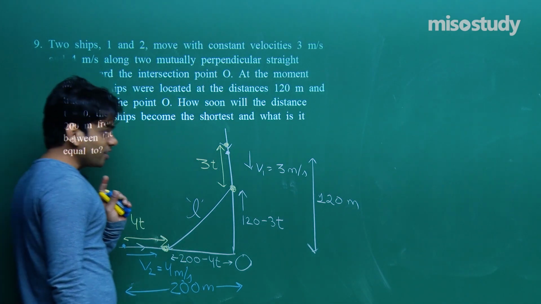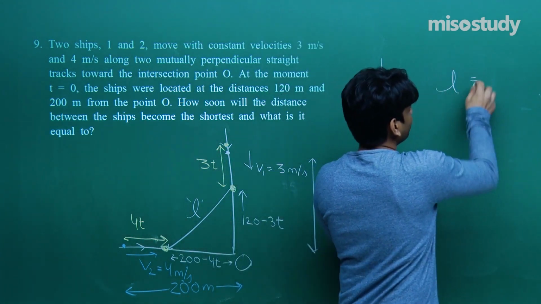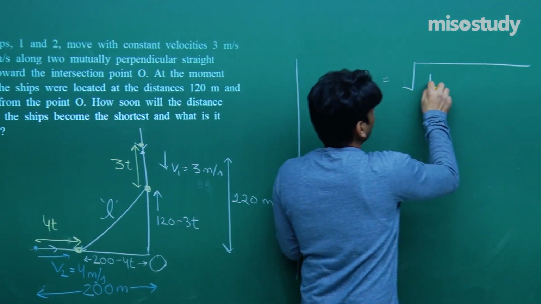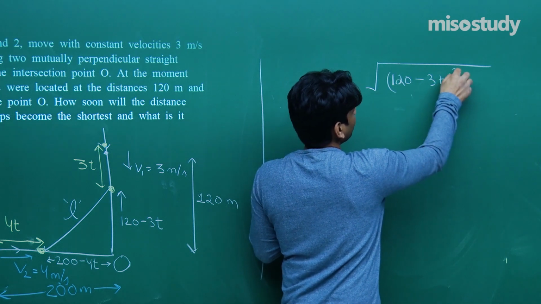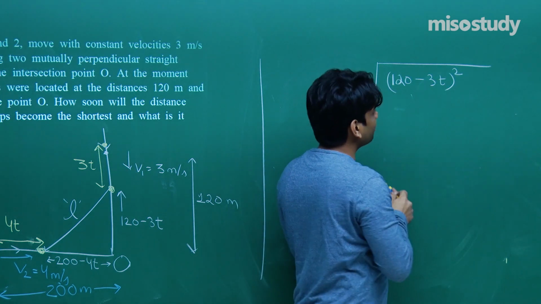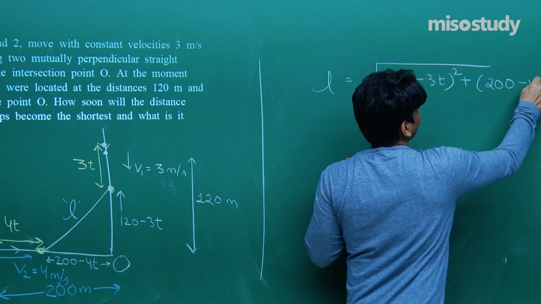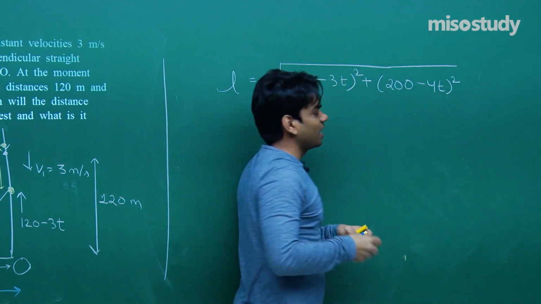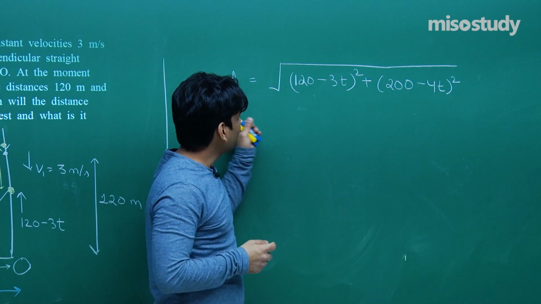So I am going to write the formula for L. The distance that we can see will be under root of (120 minus 3t) whole square plus (200 minus 4t) whole square. This is what we'll be having as per the given statement within the question. Let's solve this. L equals to this much.